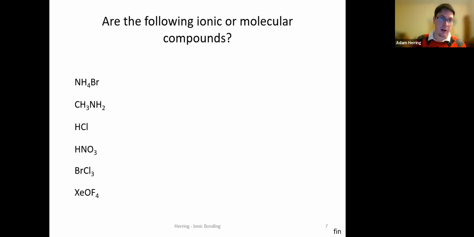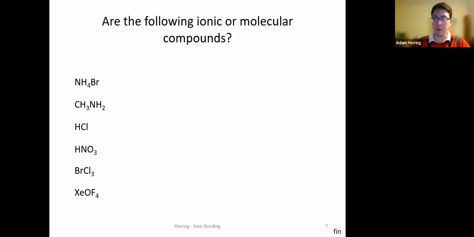Which of the following are ionic or molecular compounds? In order to answer this question, we need to identify what type of bonding we have, whether we have ionic bonding or covalent bonding. And in order to do that, we need to identify whether or not we have cations or anions. This first example illustrates an important exception.